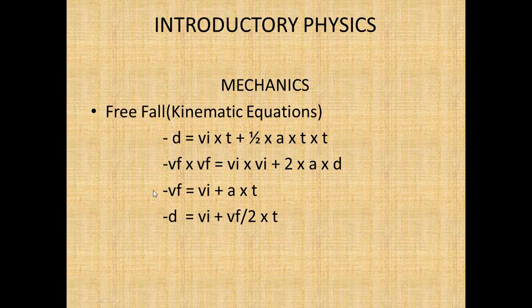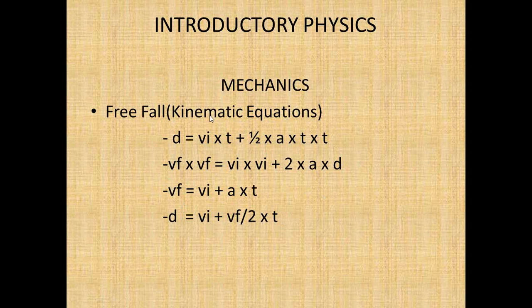So these are some kinematic equations, and we will derive them. They look very complicated, but if you know how to derive them, then it's not so bad, and you will remember them a little bit more.